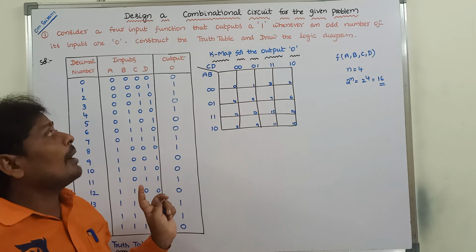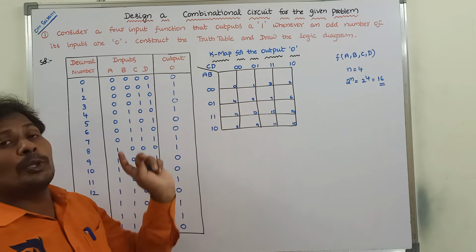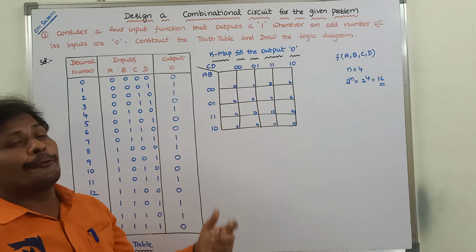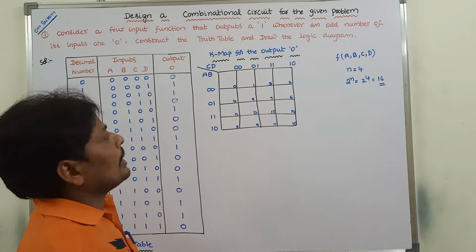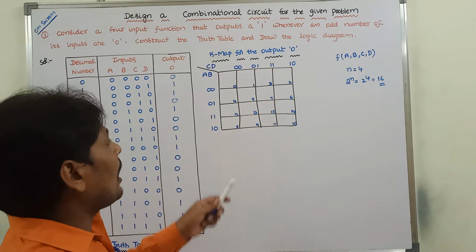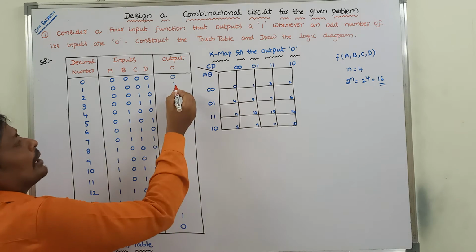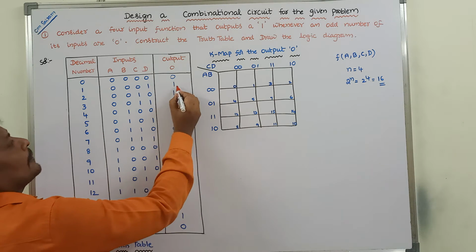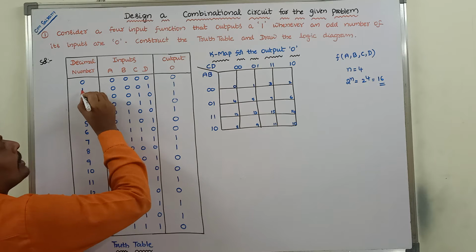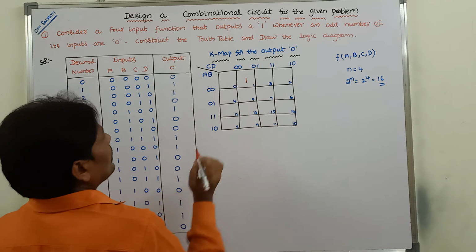the equivalent Boolean expression for the output variable O using a 4 variable Karnaugh map. This is the structure of a 4 variable Karnaugh map. We consider only the ones in the O column. Here 1 is there with decimal number 1, so we insert 1.